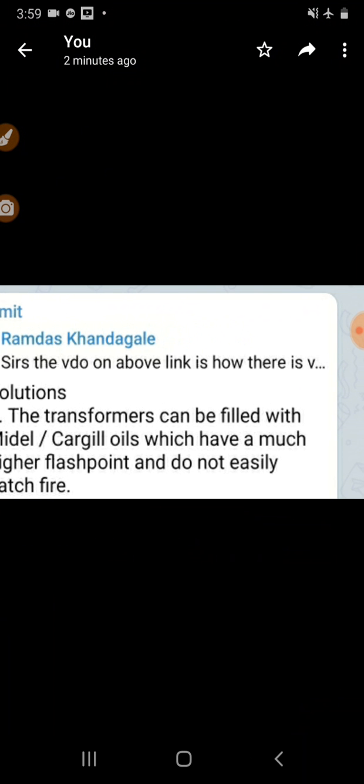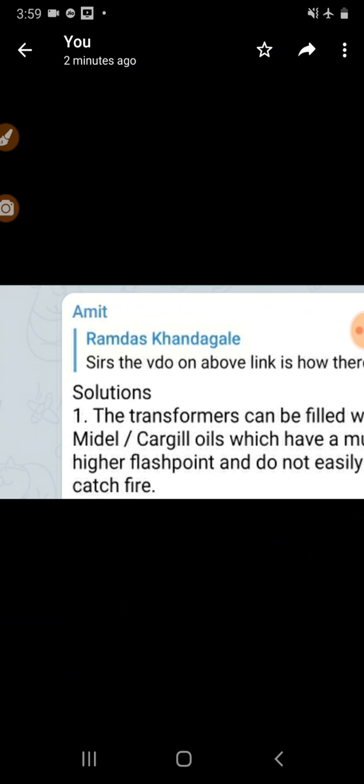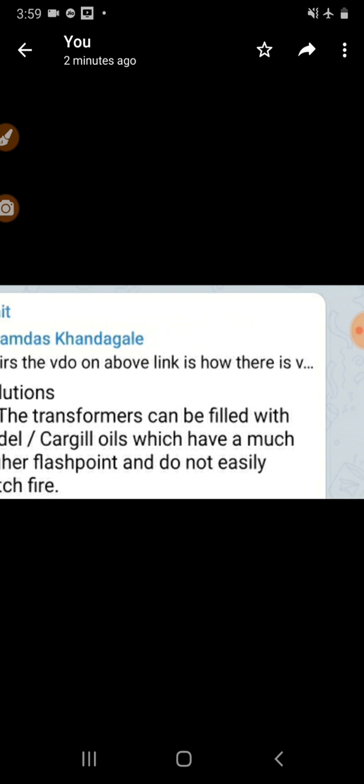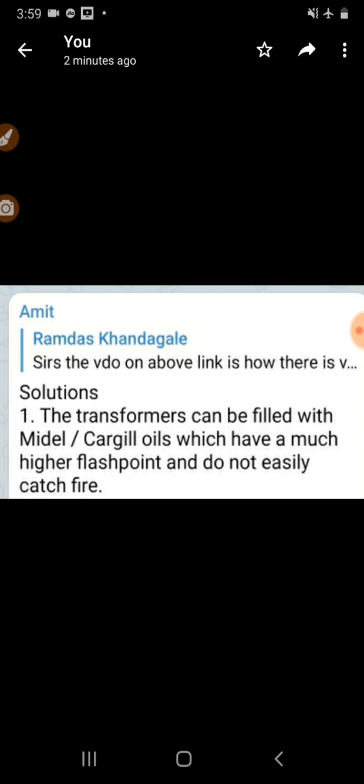The transformer can be filled with Midel or Cargill oils, which have a much higher flash point and do not easily catch fire.